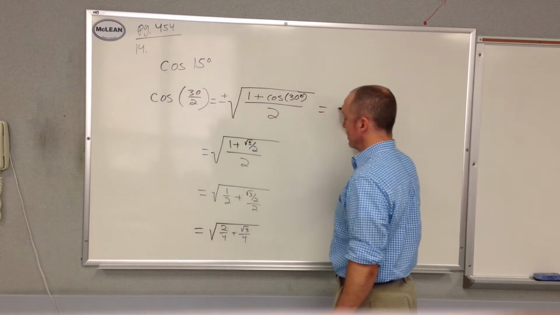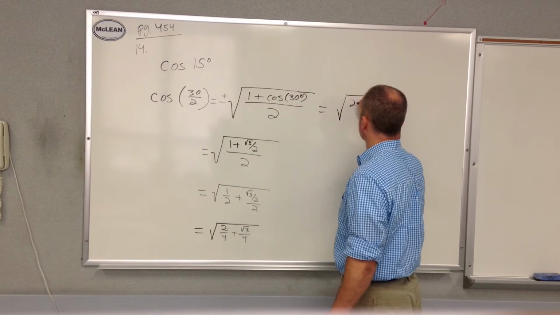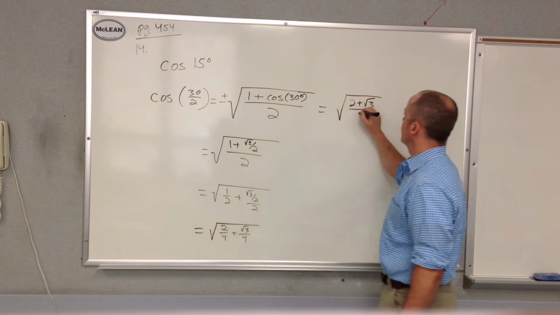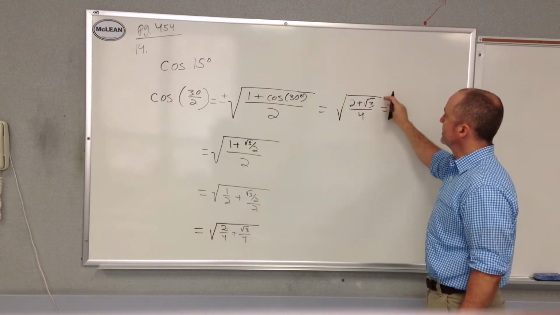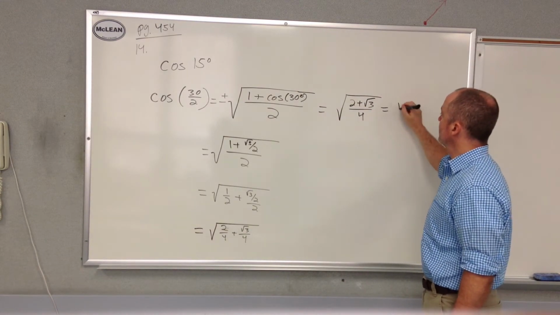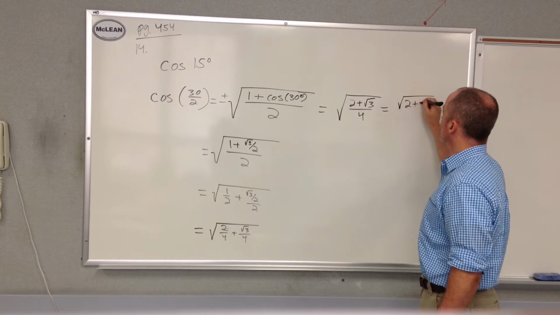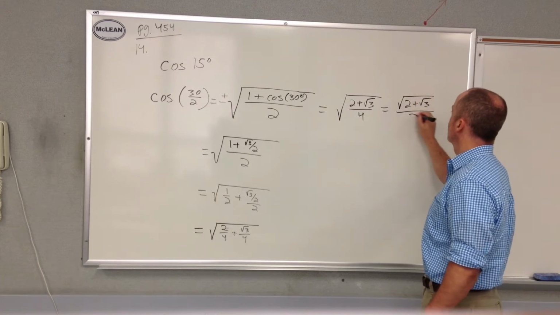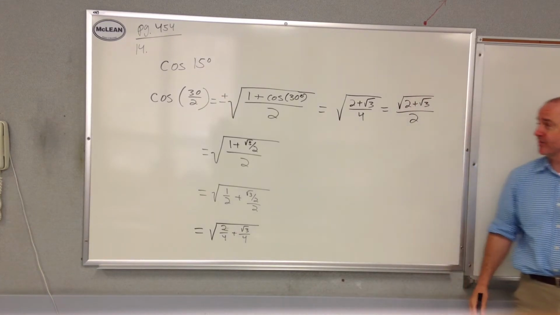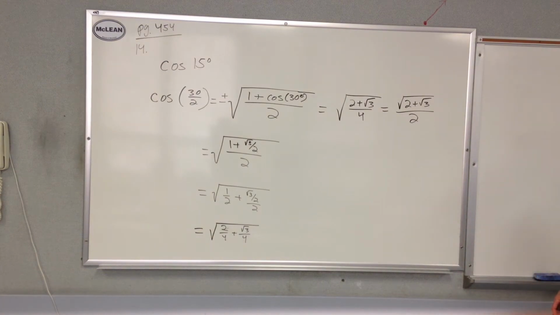So this answer becomes the square root of 2 plus root 3 all over 4. I can take the square root of top and bottom separately. So that's the square root of 2 plus root 3 all over 2. And I know it's positive because it's in quadrant 1.